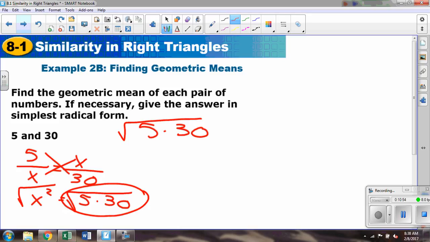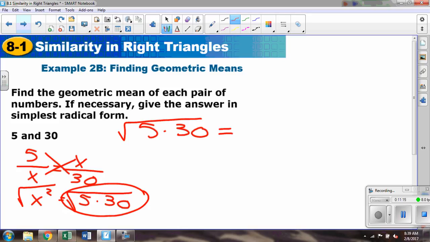It's just a shortcut on the amount of writing from cross-multiplying and solving a proportion. Ultimately, it's your choice. When the directions just say find the geometric mean, you can write up the proportion, or you can just cut to the chase and start doing the arithmetic. It's up to you. Both methods are fine.